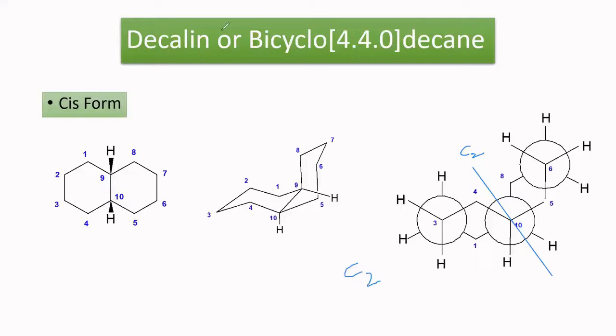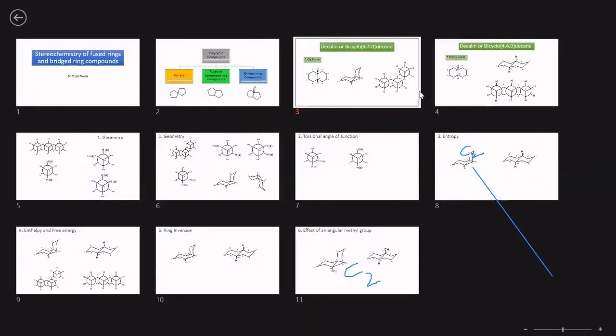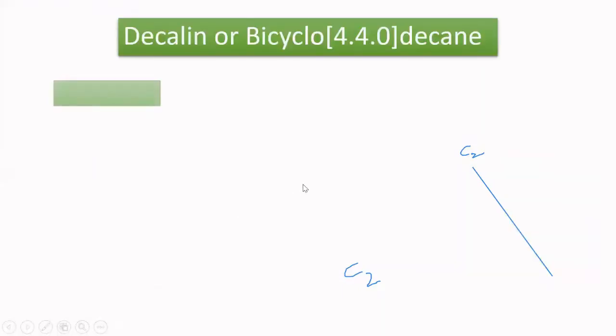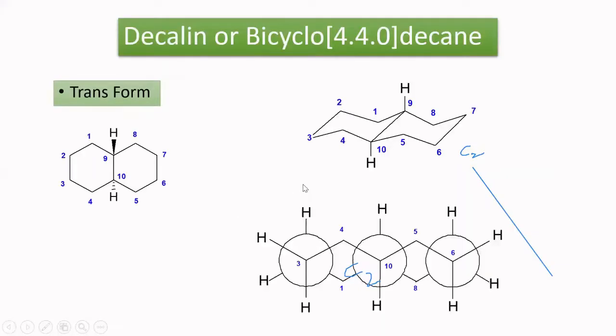So let's go for the next part now. The next molecule. This is trans. Now in this, from the middle horizontally, it is passing through this entire structure like this.